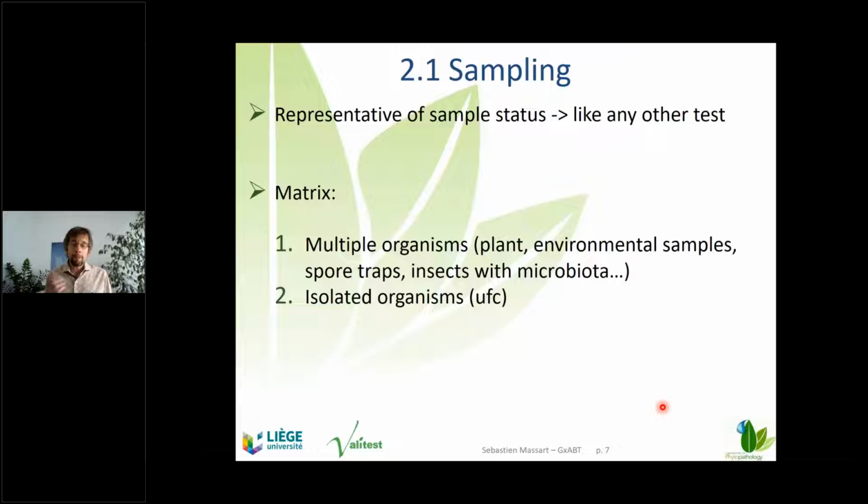And we have to keep in mind that the matrix that we will use will be a complex of multiple organisms. Even if you take plants, these plants host many fungi and bacteria that are present within the tissue. You can also have an environmental sample: soil, water, whatever, air.